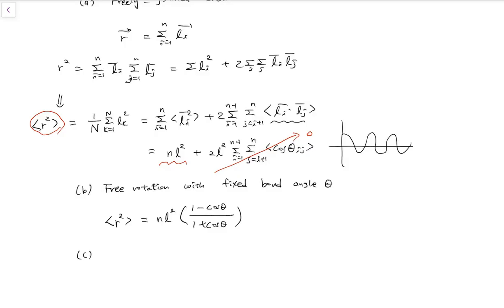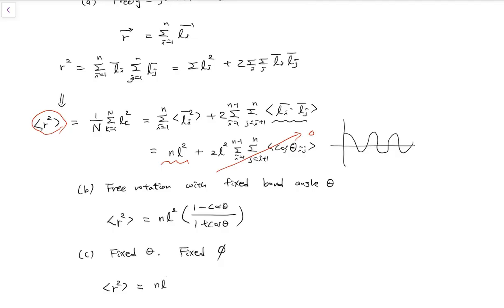If you also fix the rotation angle, so fixed theta and fixed phi, the average end-to-end distance is N L square times (1 minus cosine theta) over (1 plus cosine theta) times (1 plus cosine phi) over (1 minus cosine phi).